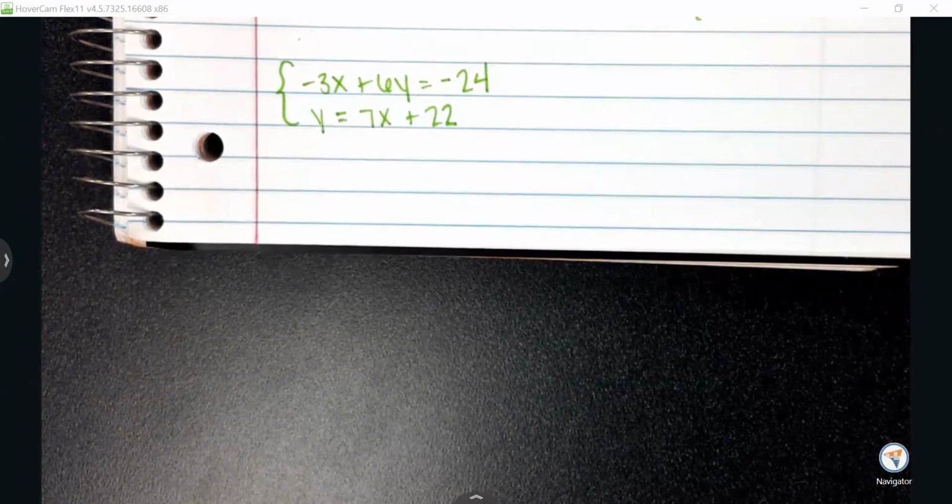Yes, now take it, plug it back in, right? You gotta figure out what Y is. Which ones are substitution? Okay, let's go back to the sheet to make sure. They have to have a letter that says letter equals, and you start on that one.